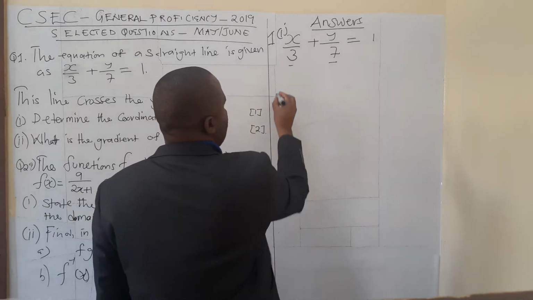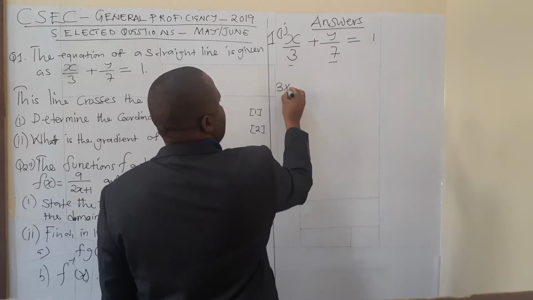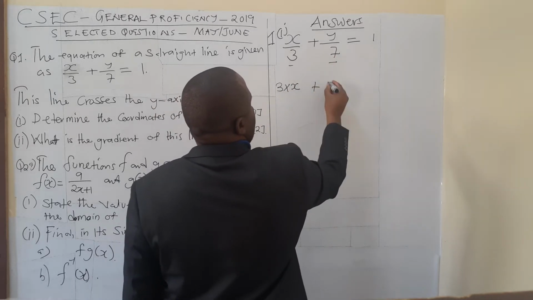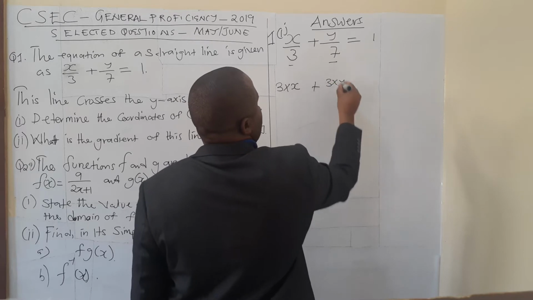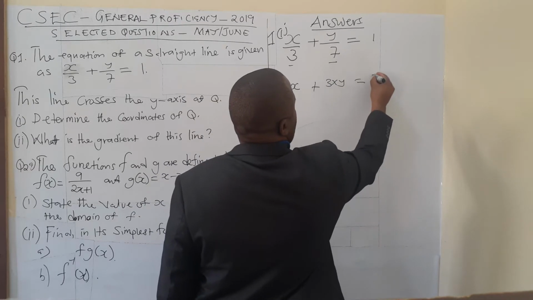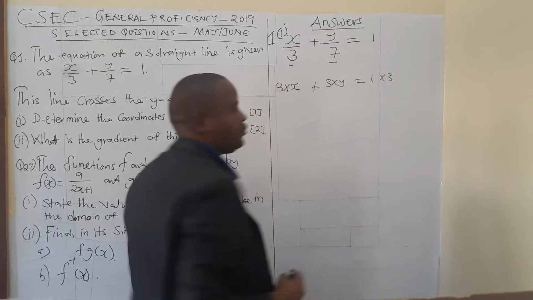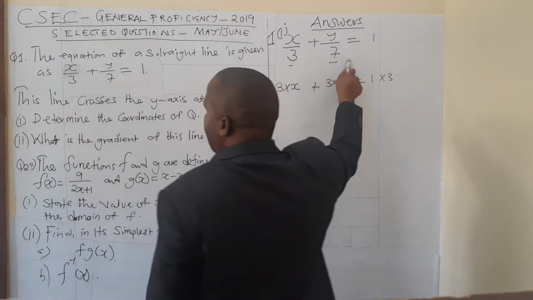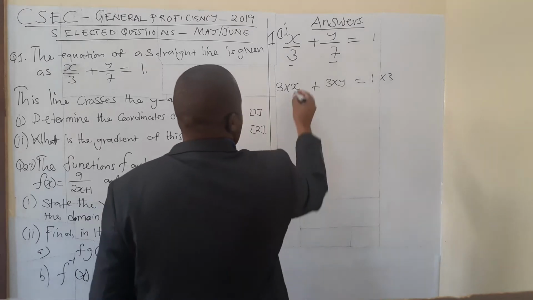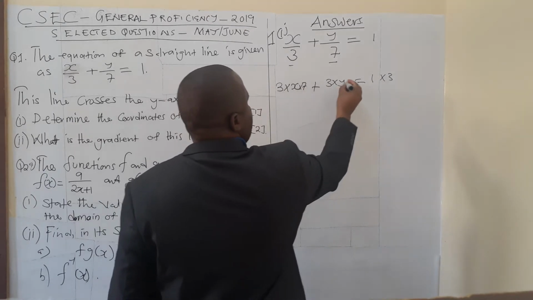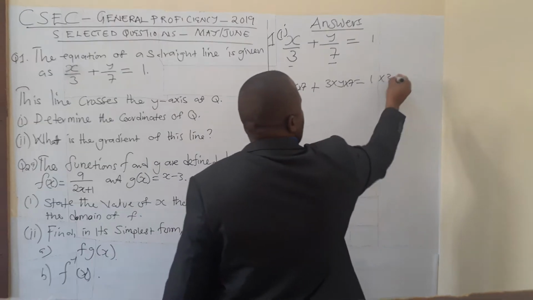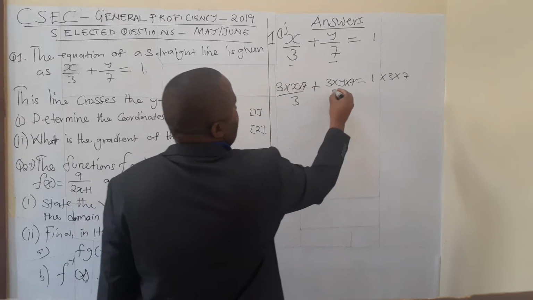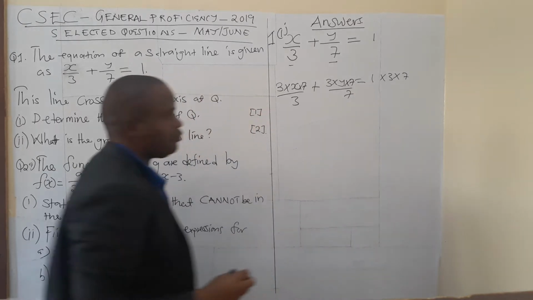So we're going to say 3 by x, plus 3 by y, is equal to 1 by 3. Again, you multiply throughout by 7. So you say by 7, by 7, by 7. This is over 3. This is over 7.